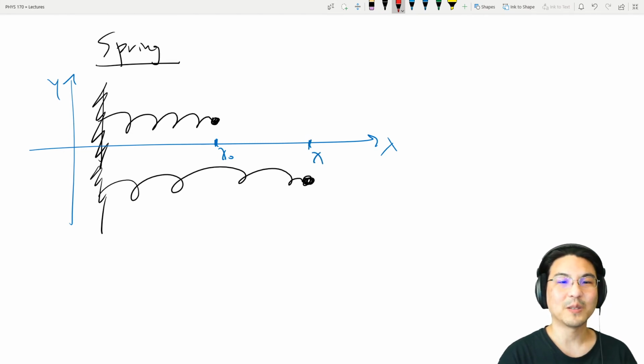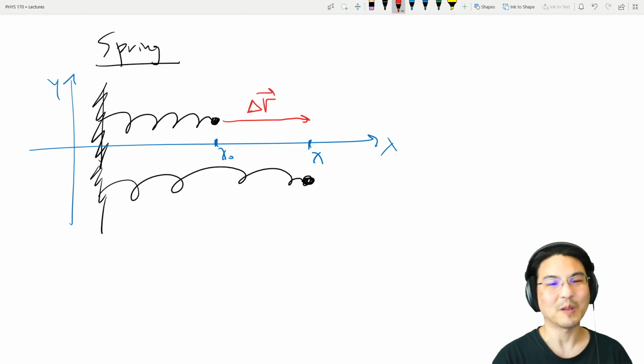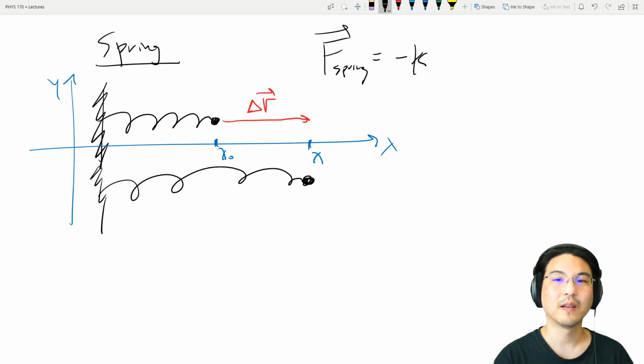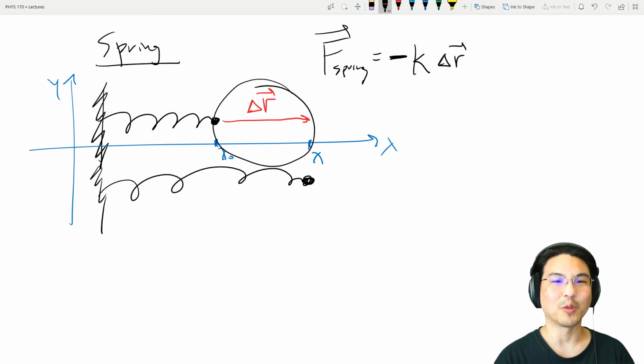So the displacement is this vector right here. I'll just call it generically delta r for displacement. The spring force is proportional to the displacement, but in the opposite direction. Okay, so this minus sign is because if the displacement is toward the right, the spring force is to the left.